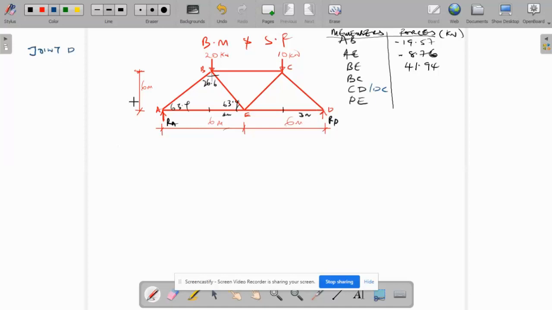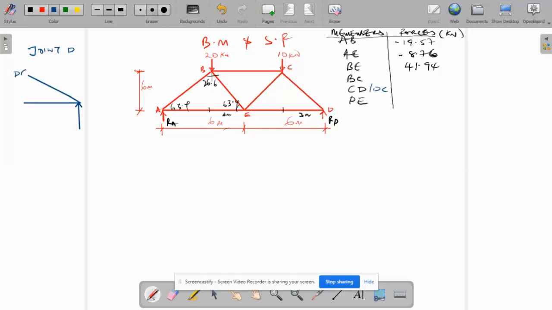So for joint D, let's draw out what we have here. We have a force acting here. We have the next one. This is DC.